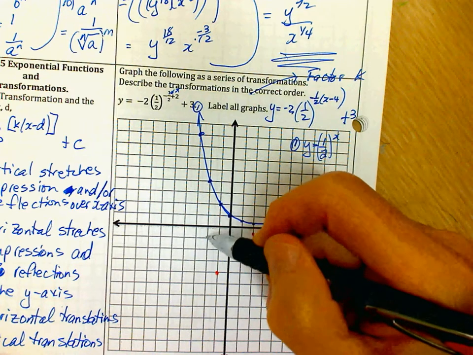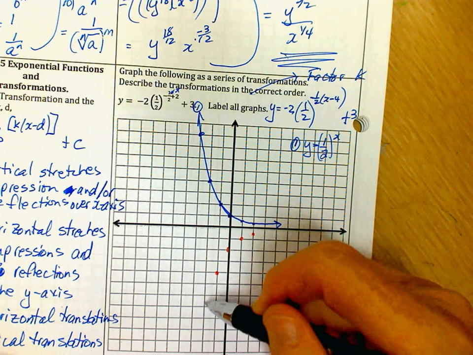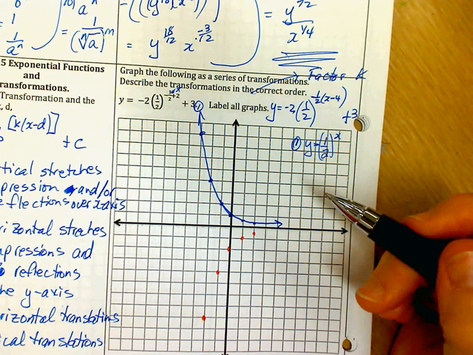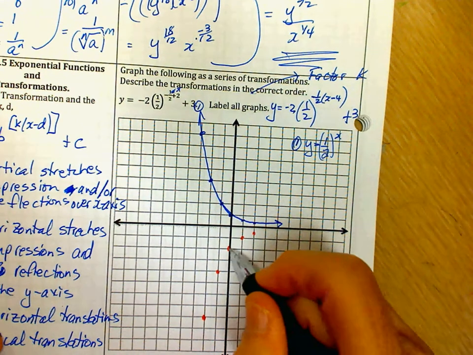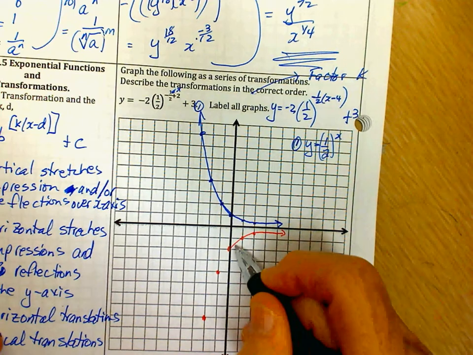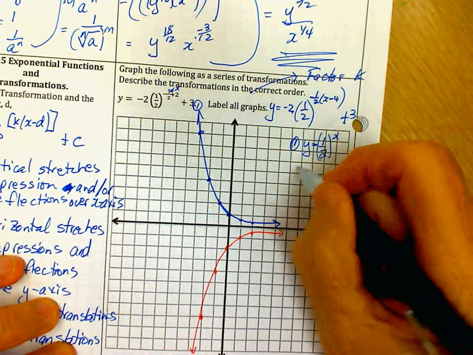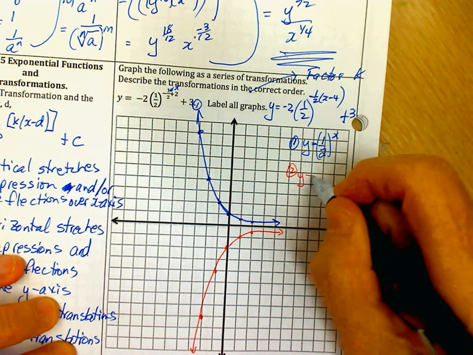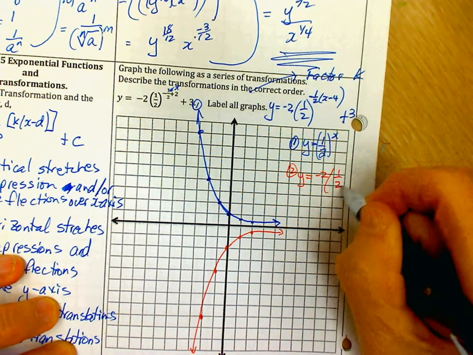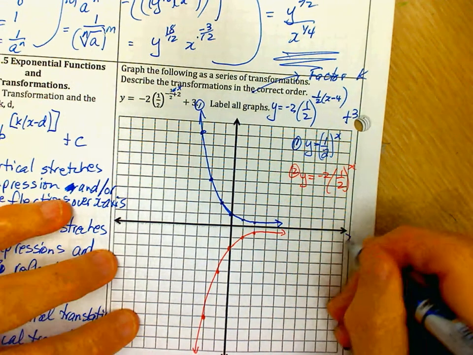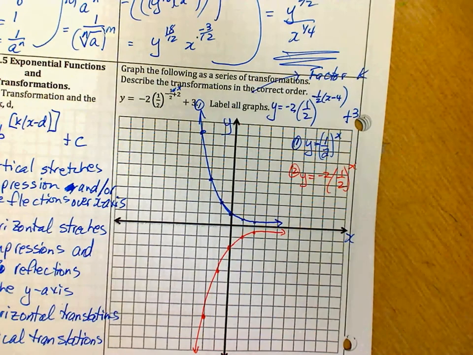And that should be enough for our graph. Okay, so that's graph number 2, y equals negative 2 times 1/2 to the x. And don't forget to label your x and y axis because that's important for communication.